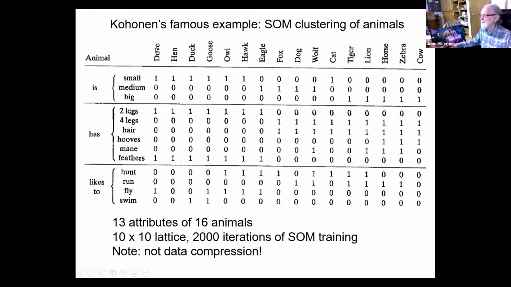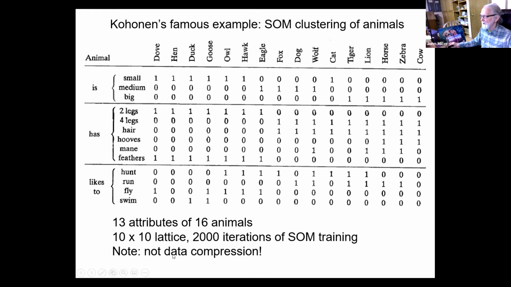So that is Kohonen's understanding of a dove. Okay. Now there are 60 animals here in this list, and each animal has its description chosen out of possibly 13 attributes.